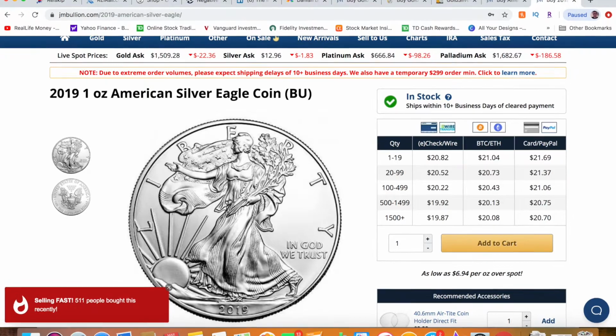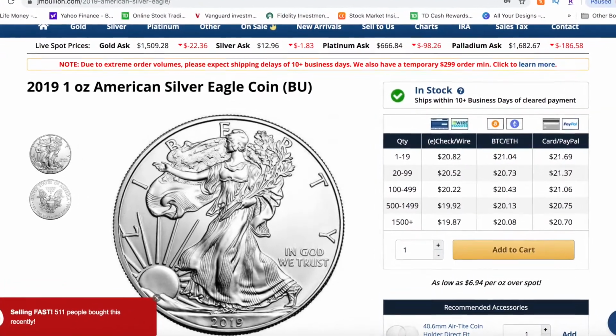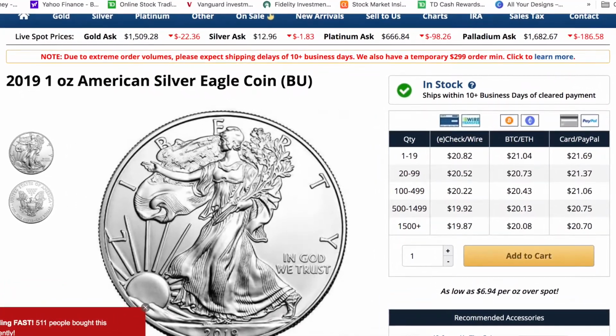Just yesterday it was $57, and right now, on March 16th, it's $67. So premiums are increasing. You could also see this with silver. You could see the premium for that is almost $7. I don't personally remember the premium on silver coins, but I do remember it was much less than that. Might have been like $2, $3, maybe $4 or $5, but now it's definitely increasing. So this is definitely something to consider.